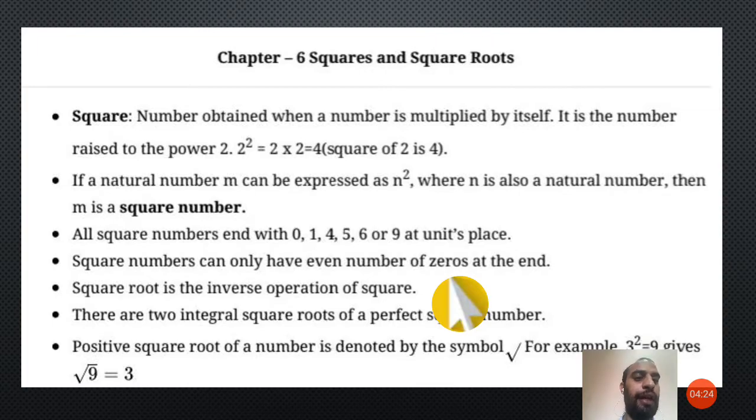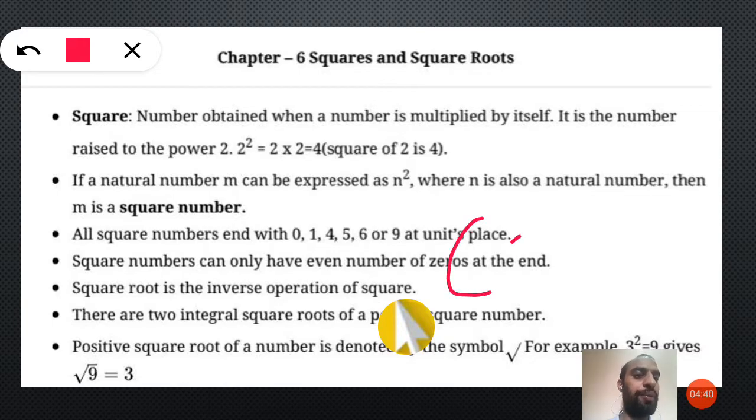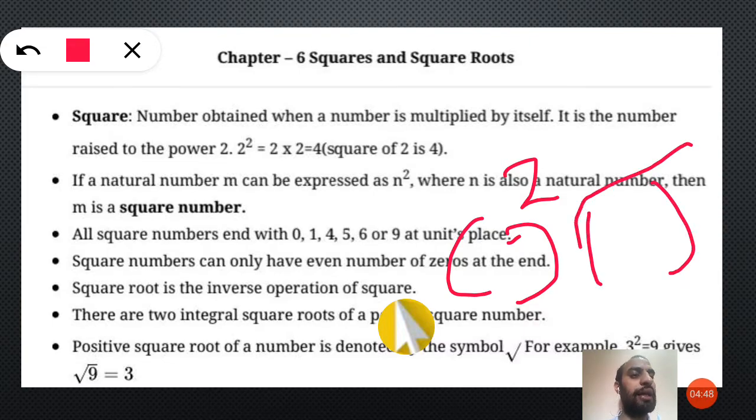Then next is the square root. The inverse operation of square is square root. This is very important. How? If you are talking about square, square means the power of any number is 2. And when square root is given, it has a sign like that.